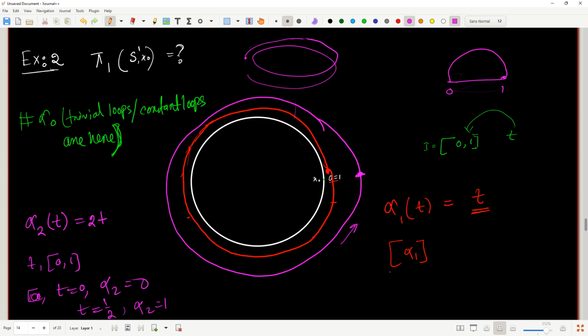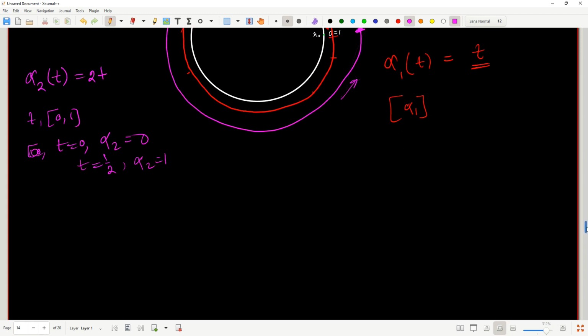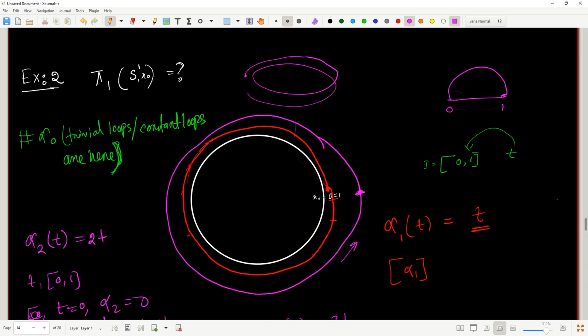And similarly, I think you can get the pattern now, you can define alpha 3 of t as 3t, alpha 4 of t as 4t, similarly alpha n of t as nt, right?